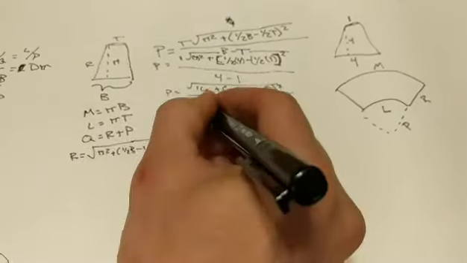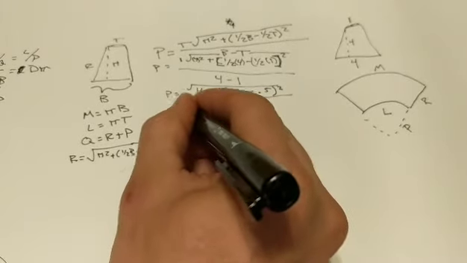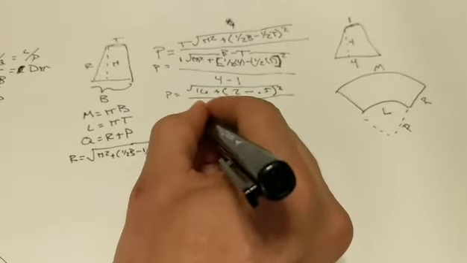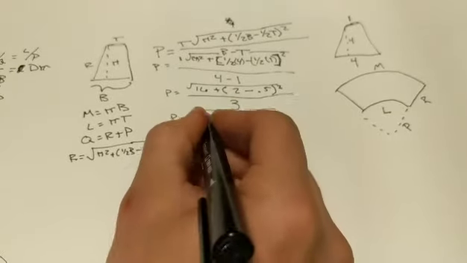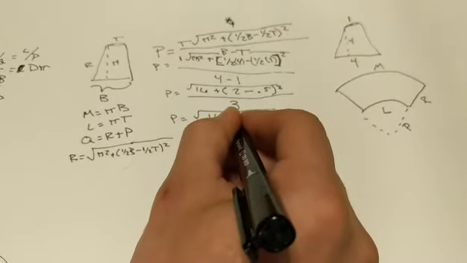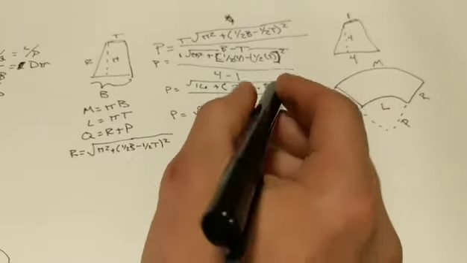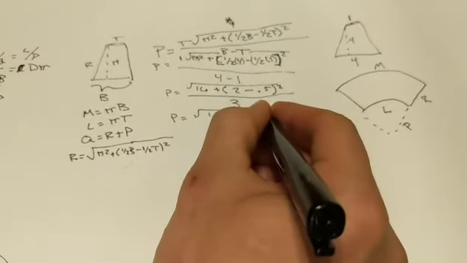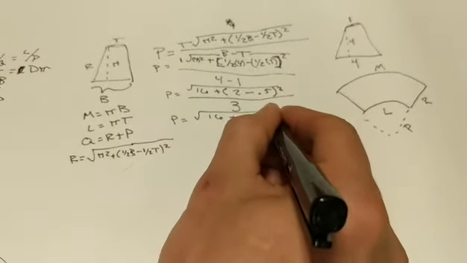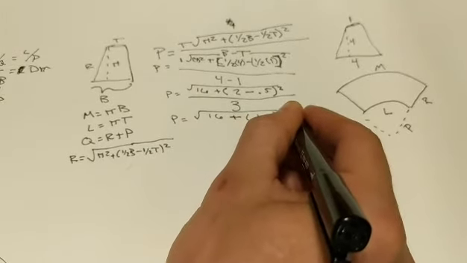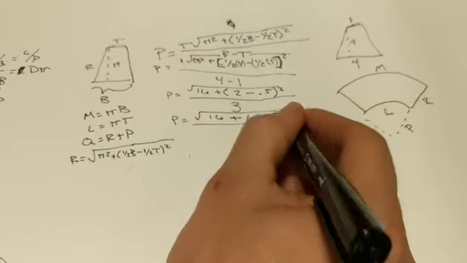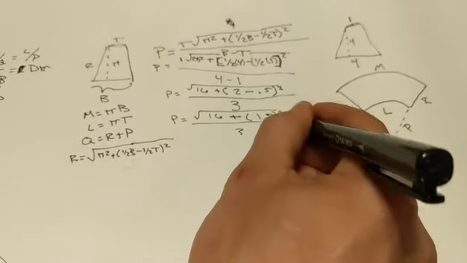Alright, so continuing on, P is equal to the square root of 16 plus 2 minus 0.5, 1.5 squared over 3.